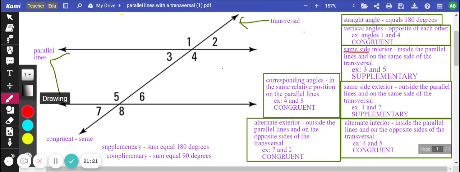So if it tells us that the measure of angle 8 is 140 degrees, and we need to find the measure of angle 1. Well, they are congruent, so that means the measure of angle 1 needs to be 140 degrees as well.